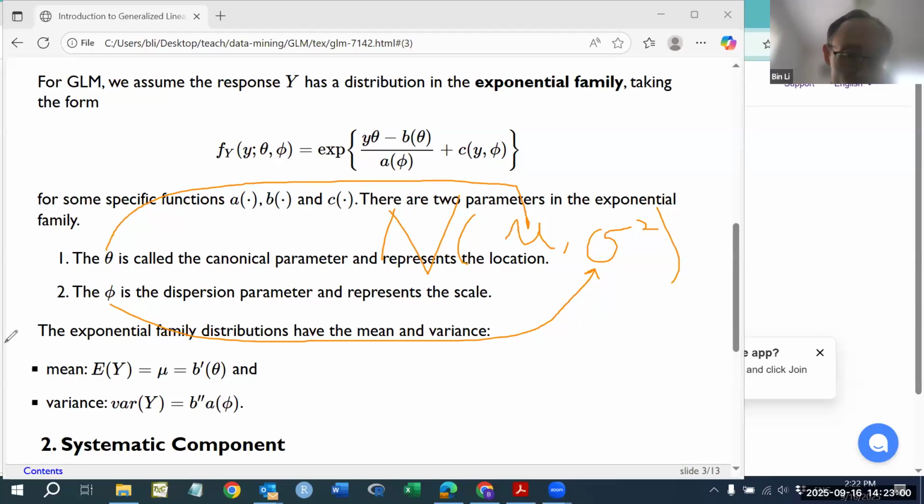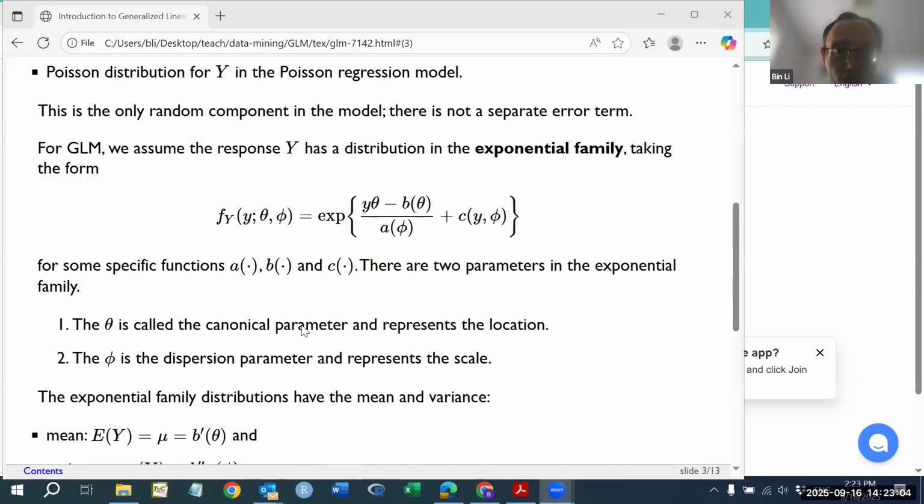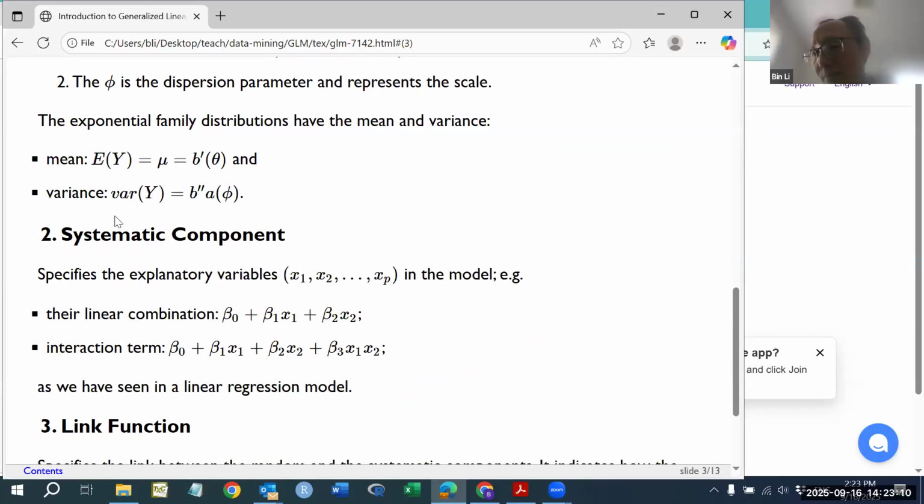Okay, so if we have this distribution family called the exponential family, then we can mathematically prove that the mean for the response is equal to this one. So what is the b(theta)?